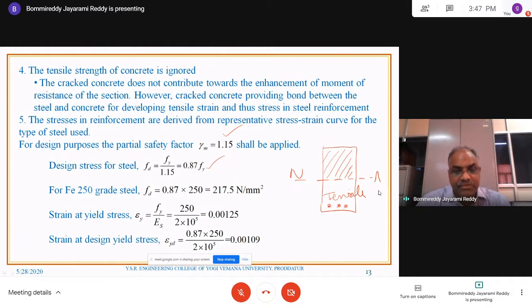For Fe 250 grade steel, the design value will be 0.87 times 250, that is 217.5. That means in the design we are limiting the stress in the mild steel to only 217.5 Newton per mm square.